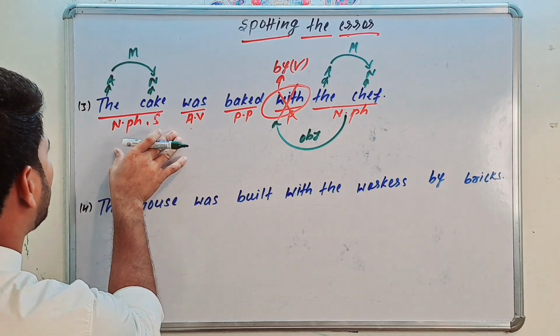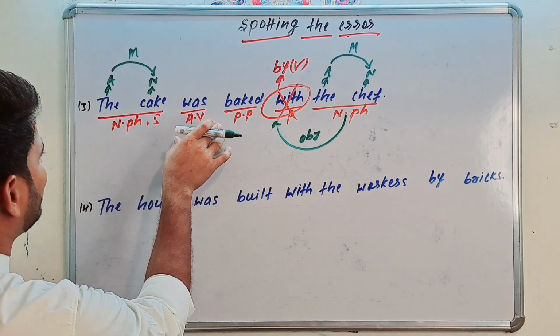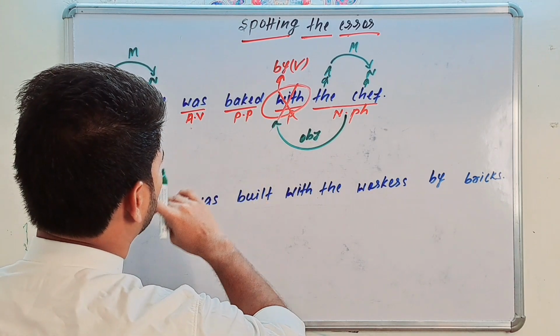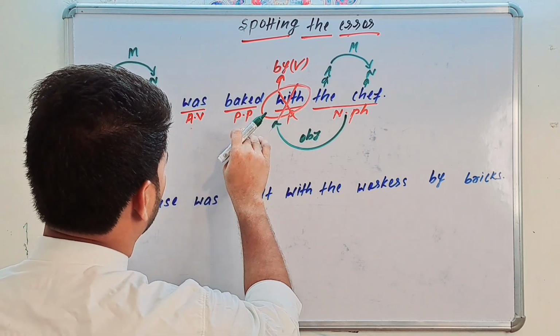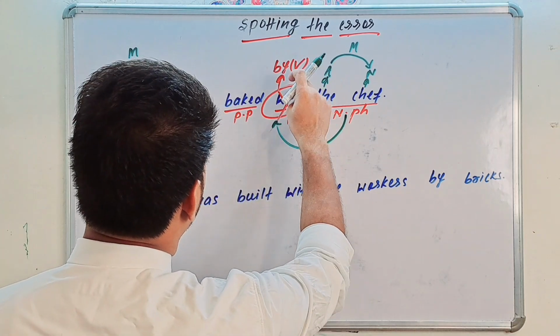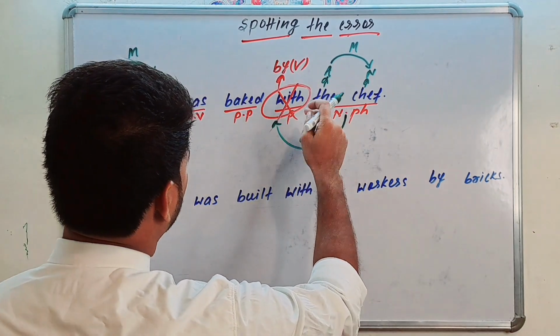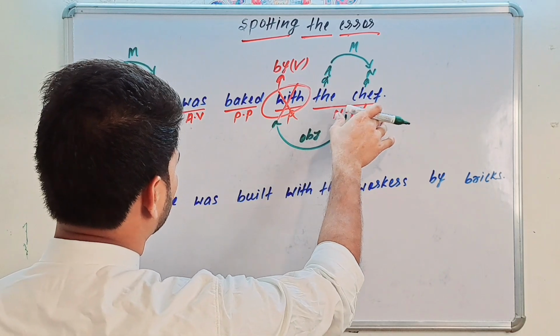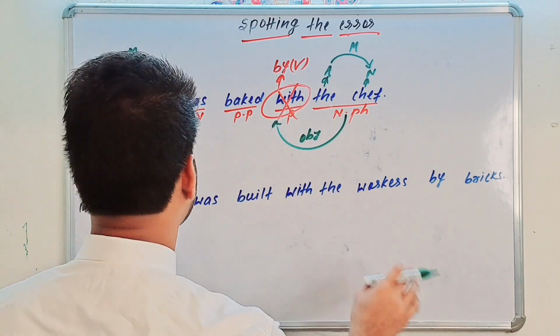So here see the cake. This is your subject, and was is an auxiliary verb, baked is the past participle, the third form, and here by is a preposition, and I have mentioned here the chip, a noun phrase and object of preposition.